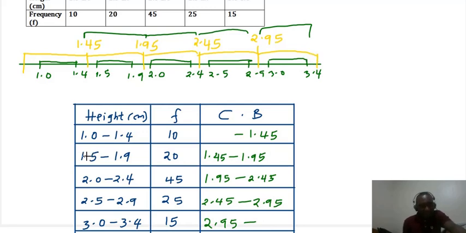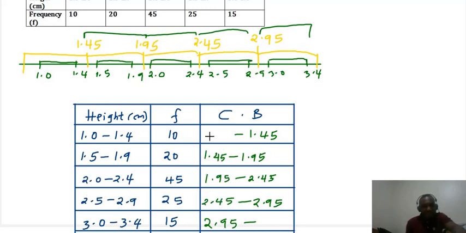But then here we should look at the class limits and then the class boundaries. Then we discover the relationship. Now when you look at this, for example, 1.5 as the class limit and then 1.45 as the class boundary, it implies that here we subtracted 0.05 from 1.5 to get 1.45, and the same thing applies here.